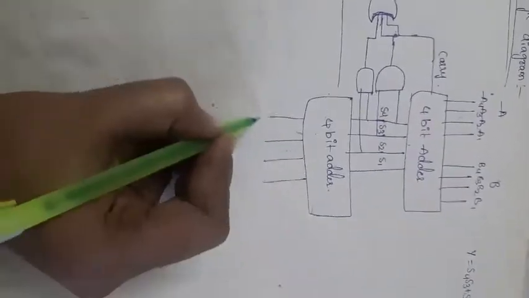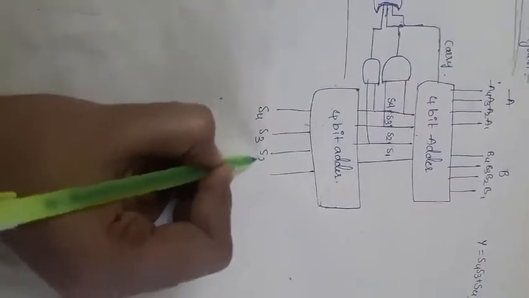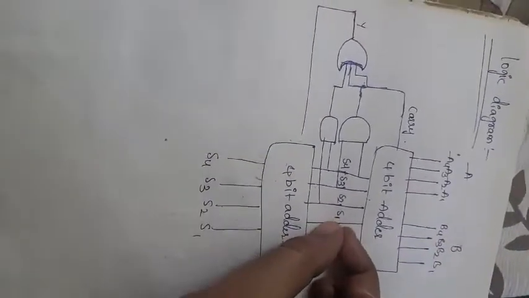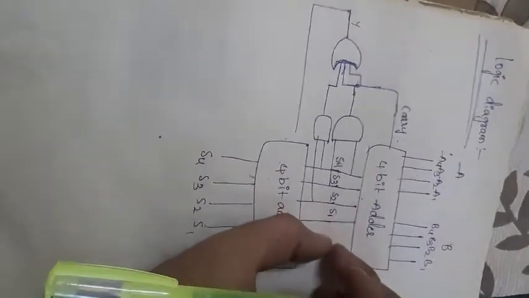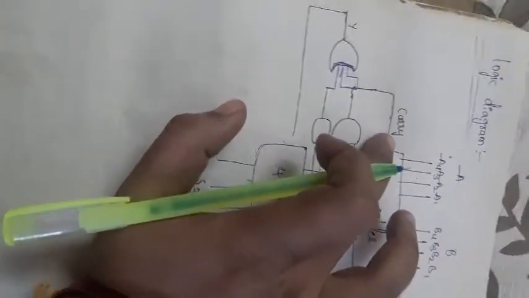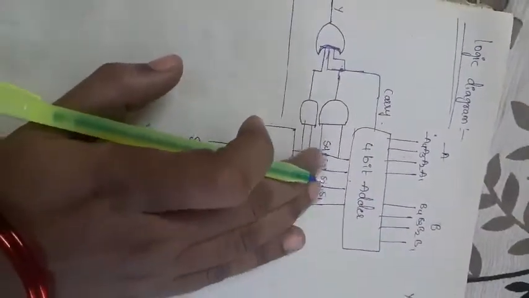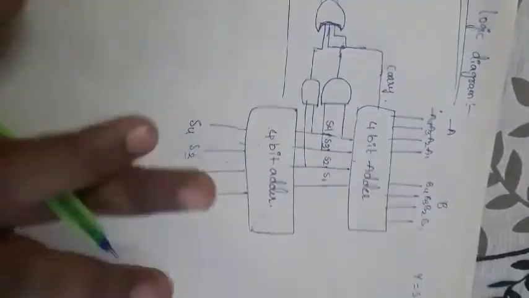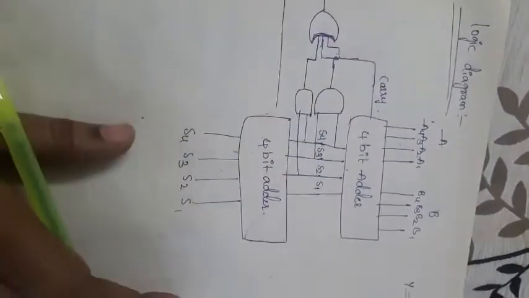This 4-bit adder will also get the sum, that is S4, S3, S2, S1. This sum may be greater than 9 or may not be. If carry is not generated, then whatever output we collect from this 4-bit adder by adding these two numbers is represented here finally. That is the final sum.